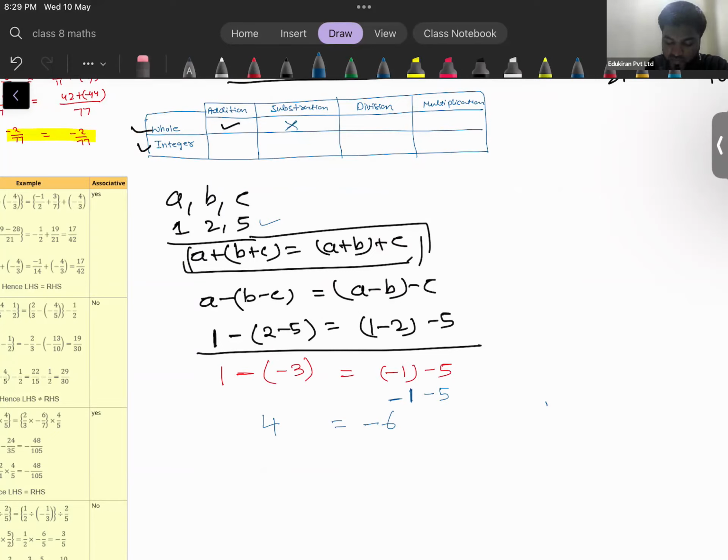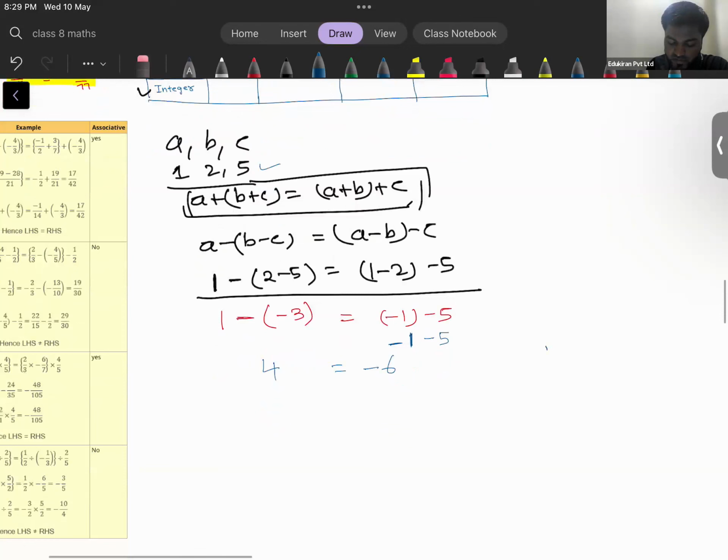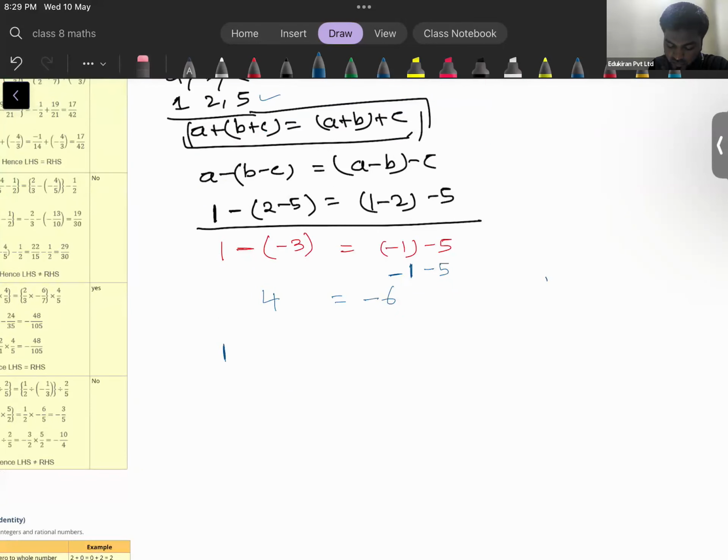What about division? We'll find out that for division also, whole numbers are not following the associative property. Right? 1 divided by 2 divided by 5 is not the same as 1 divided by 2 divided by 5.